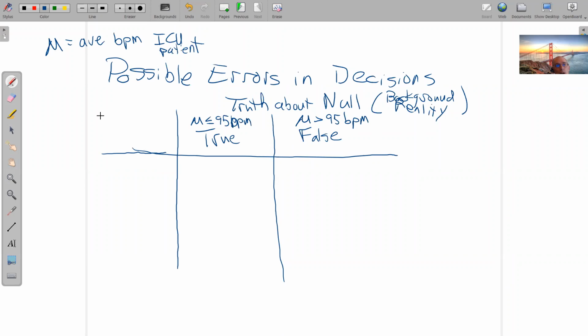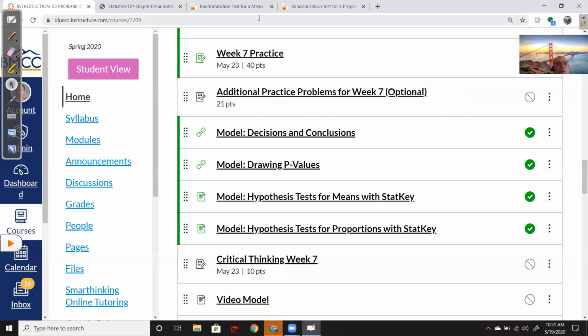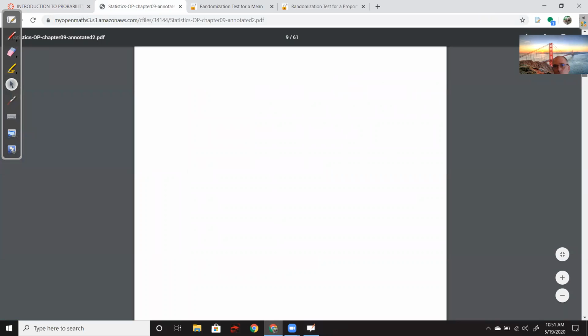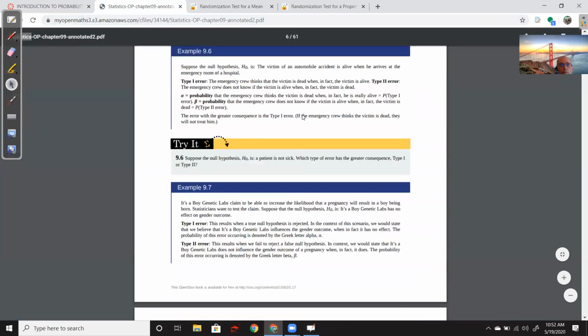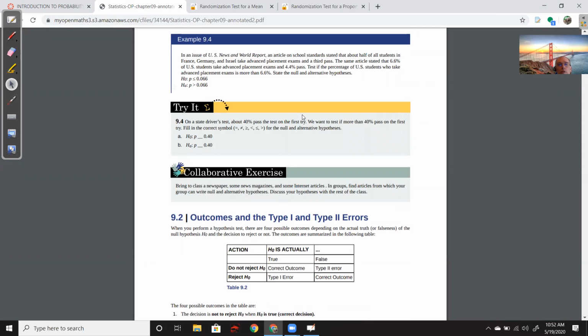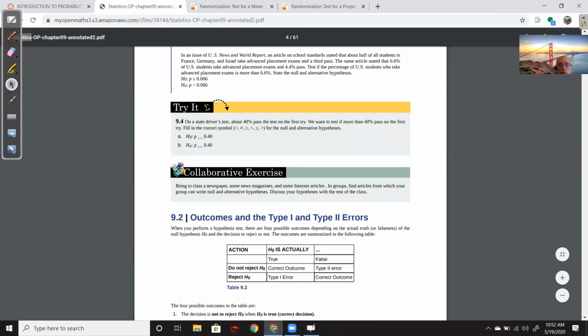And then over here we have the test. And with the test, make sure I got the order the book uses right. Right there, okay. Reject, fail to reject, and then reject.